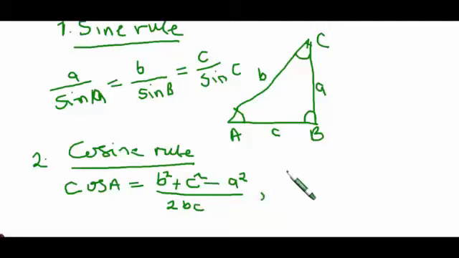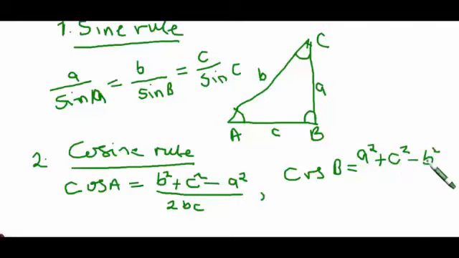This is cos A, and cos B is going to be the two sides that form the B, we add them. So it's a squared plus c squared minus b squared all over 2 times a times c.